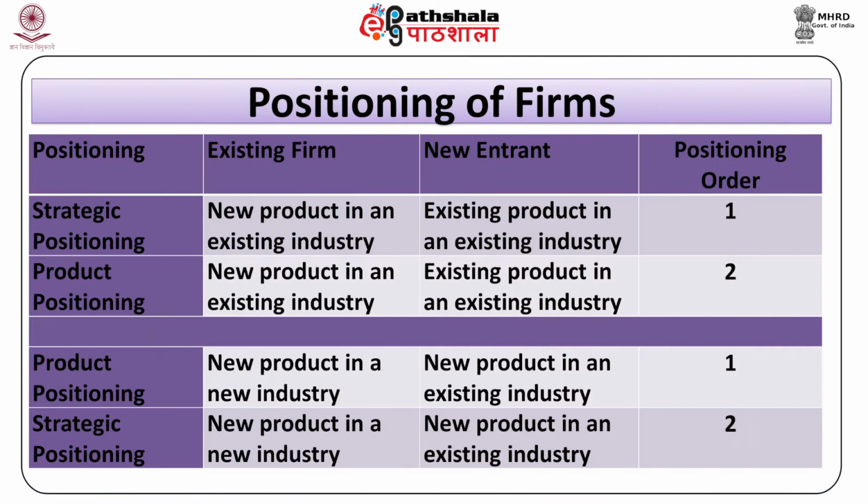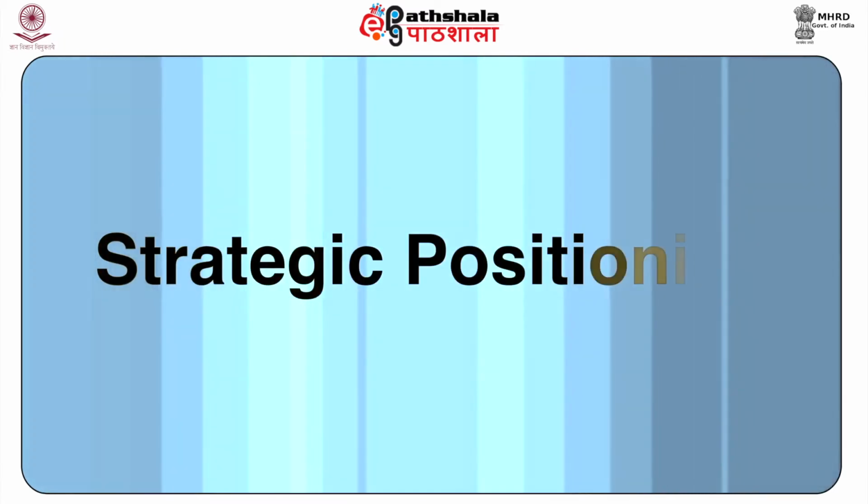Depending upon the type of firm, existing or new entrant, and the type of product, existing or new product, priority of study is given to the type of positioning, strategic or product positioning. The priority of study for type of positioning is reported in table 3. Strategic positioning.